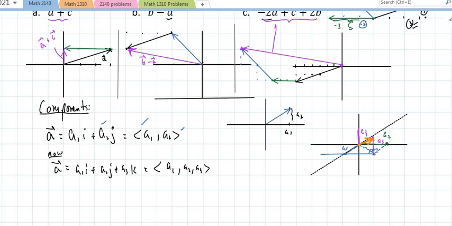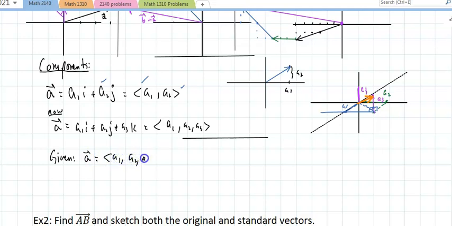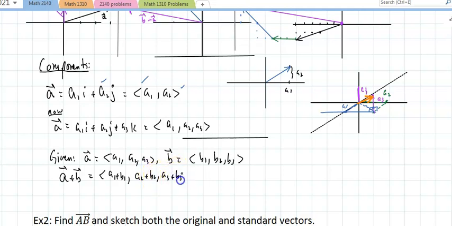Given A to be a sub 1, a sub 2, a sub 3, and B to be B sub 1, B sub 2, B sub 3, A plus B would be a sub 1 plus B sub 1, a sub 2 plus B sub 2, a sub 3 plus B sub 3.